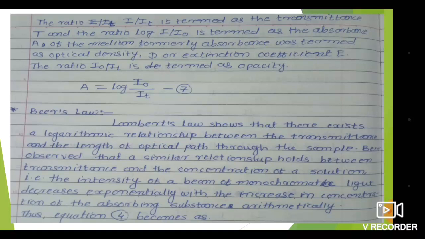According to Lambert's law, there exists a logarithmic relationship between the transmittance and the length of optical path through the sample. As the thickness of the optical path increases, the transmittance decreases.